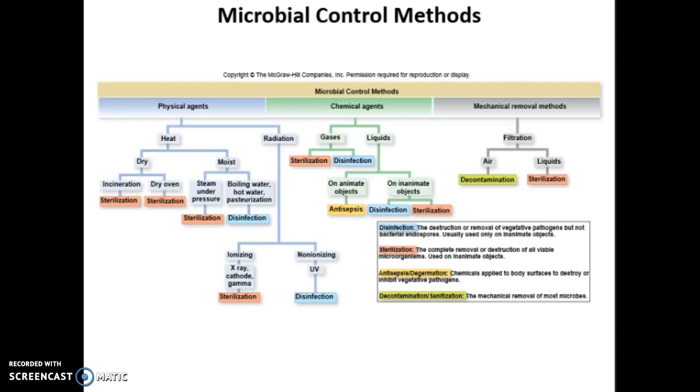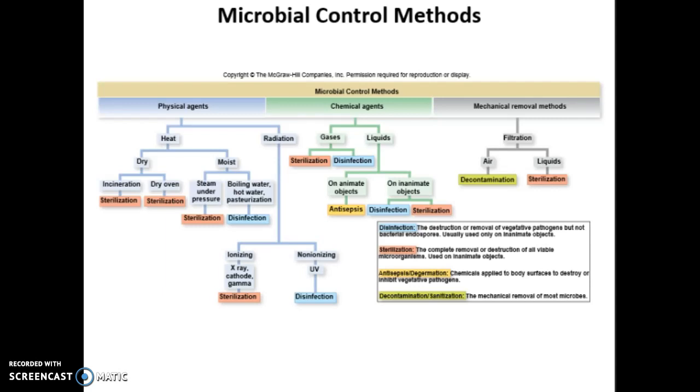If it is on an inanimate object, you can actually achieve disinfection or even sterilization. But again, you don't want to sterilize the human skin because skin cells are very similar in susceptibility to the mechanisms that you would use with microorganisms. And so if you kill the microorganisms, you will also kill your skin. So you have to be careful with those chemicals.